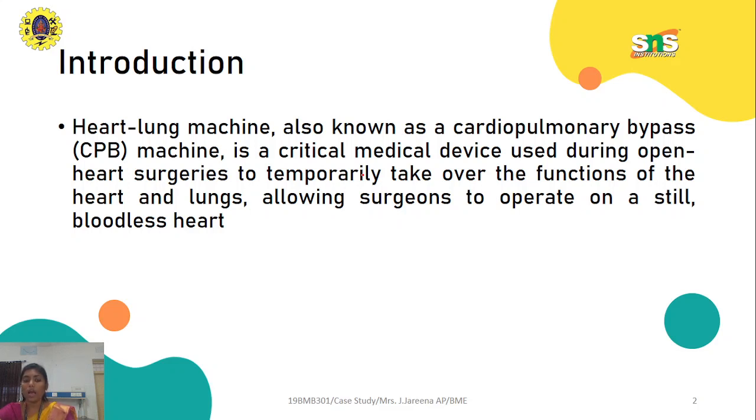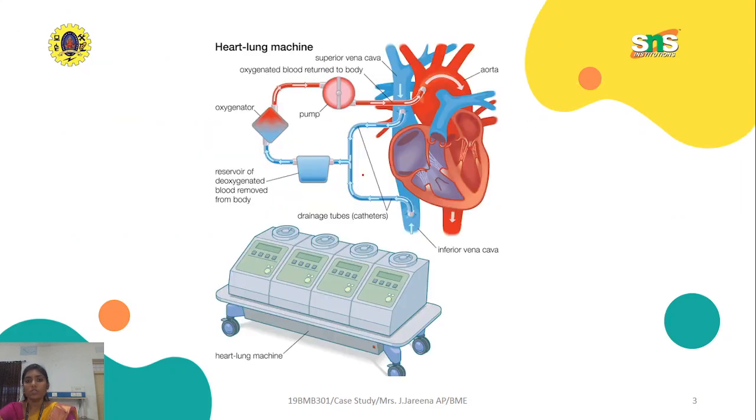So the doctors have easy access to the heart to perform a proper surgery. That is the main significance of having this heart lung machine in hospitals. So this is the overall picture of the heart lung machine.